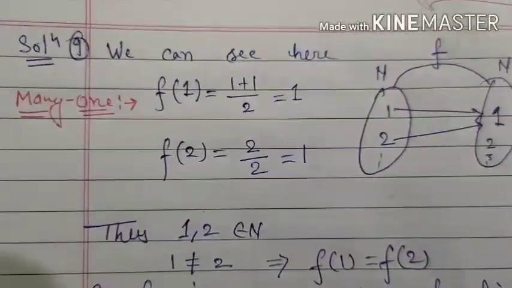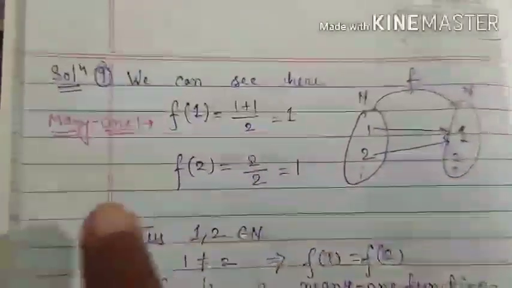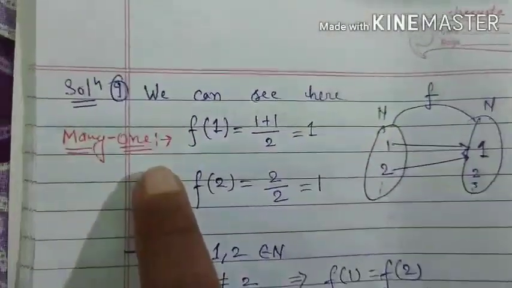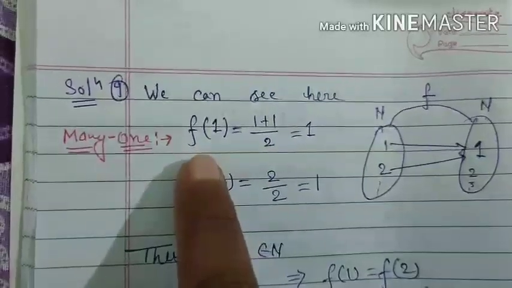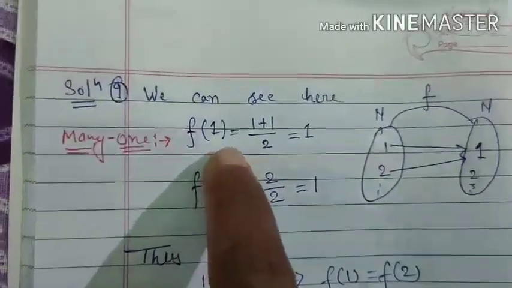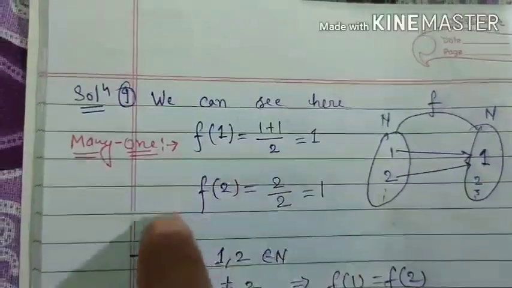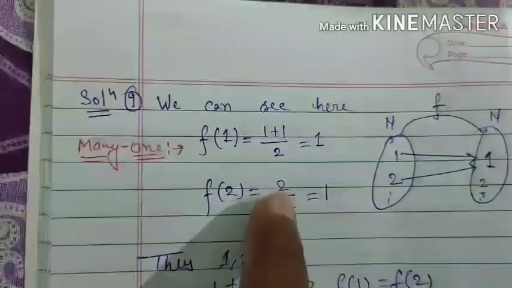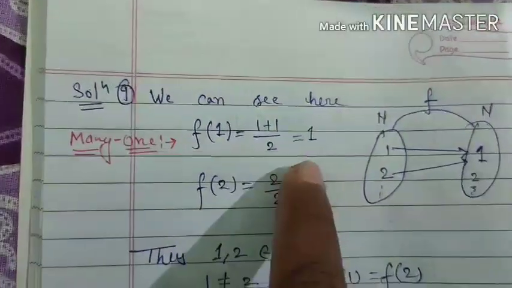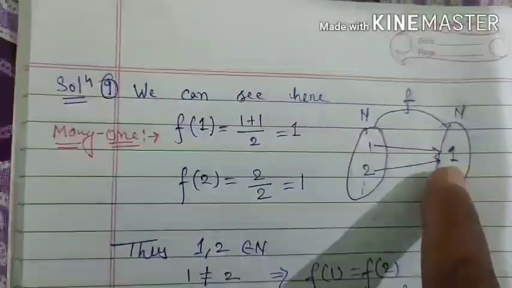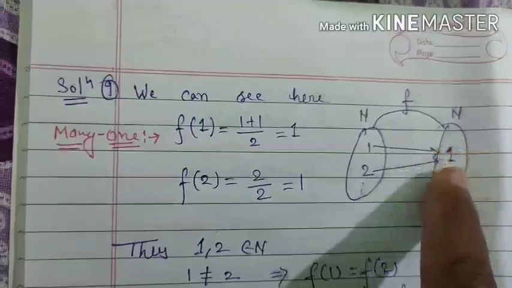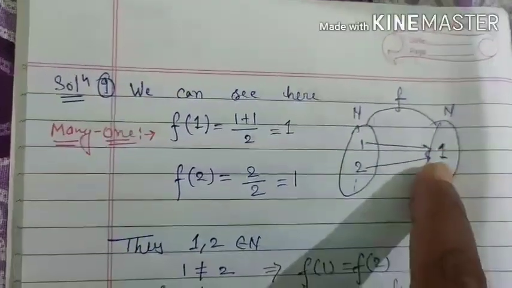This is a very simple question. If you see, it is a many one function because f(1) will be (1 plus 1) upon 2 equal to 1, and f(2) will be equal to 2 upon 2, which is equal to 1. It means 1 will be mapped on 1 and 2 will also be mapped on 1.